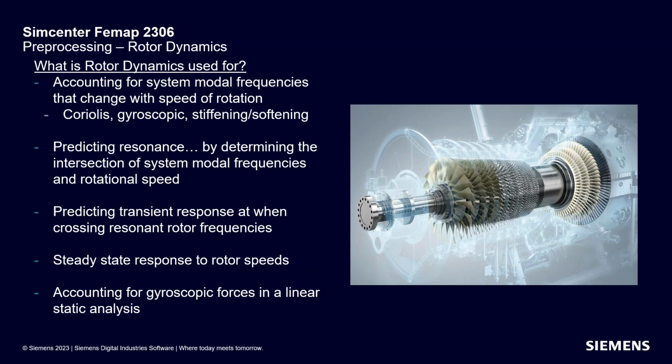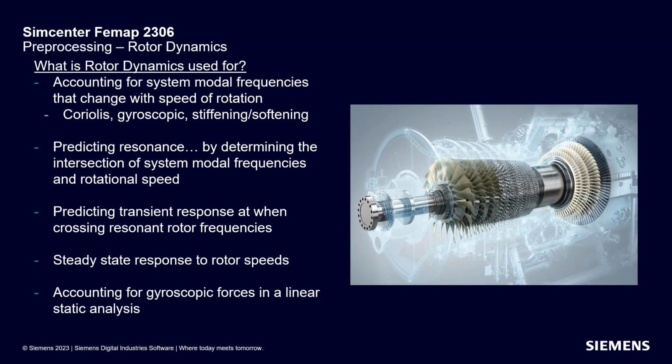And then it can also predict resonance, where you can look at, as you ramp up through a certain rotational speed, you might cross some of the fundamental frequencies of different components on your rotor, and by looking at that data, you can predict resonance.